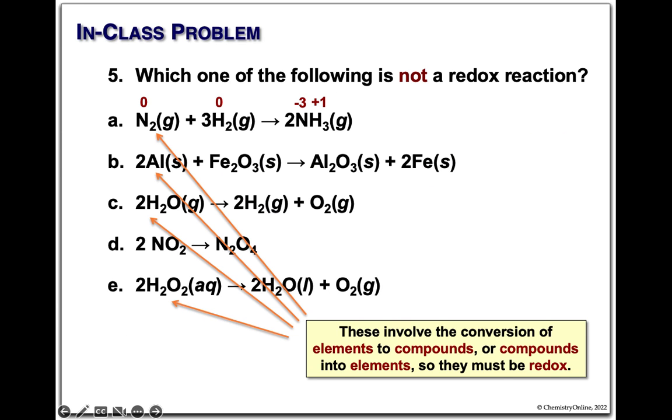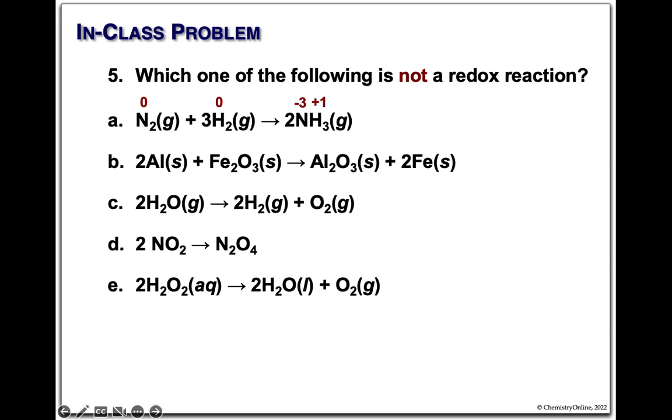Let's prove it to ourselves the long way. Oxygen, we said, will virtually always be -2. So let's let that be -2. That gives us 4 negatives. That means this nitrogen must be +4.